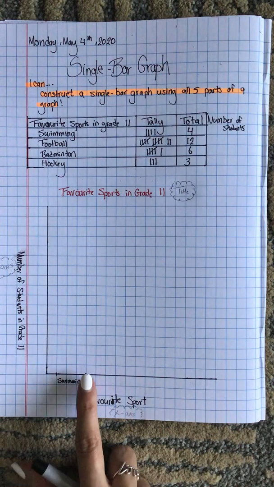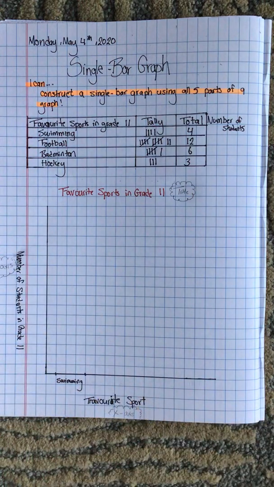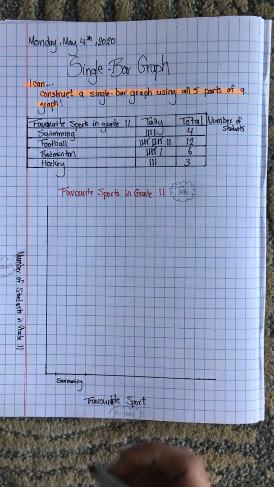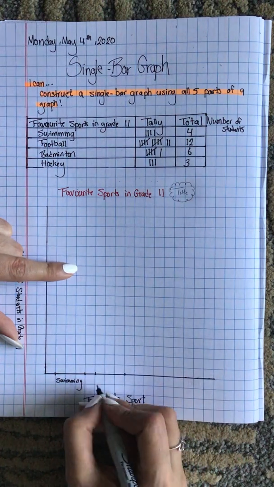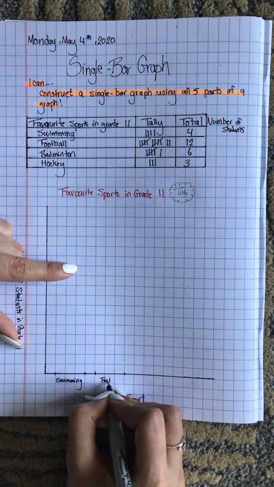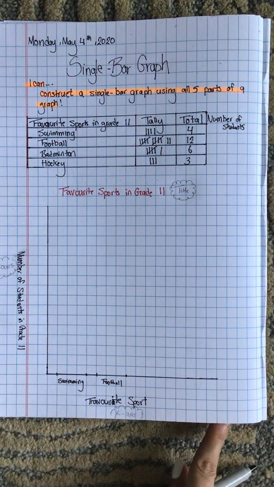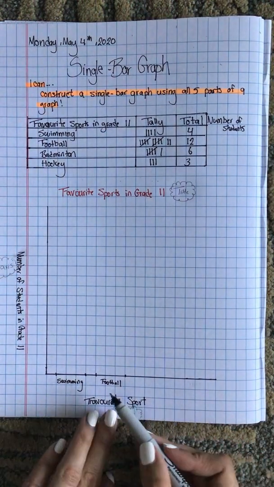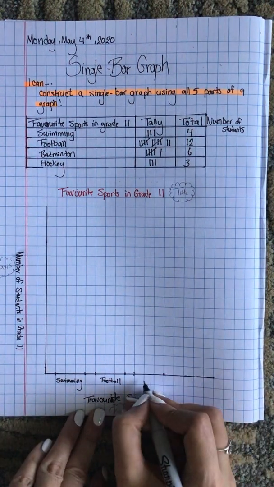Then I'm going to skip another one. You don't want it to be squished, right? Remember, we want to spread the data out. You're going to skip one again. And again, I'm going to mark 3 for football. We want it to be very, very neat. That's why I'm doing it on grid paper, and that's why I'm not doing it on my easel. Again, I'm going to skip 1, and I'm going to do 3 for badminton.